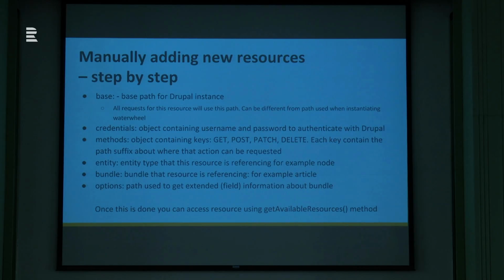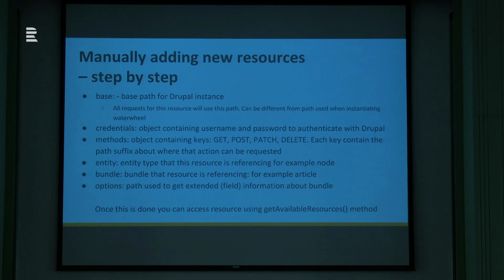Okay. So here we see all the parameters. Base is the base path for the Drupal instance, so all requests will use this path as the base. Credentials are the username, password, and so on; it depends on which type of authentication you use.